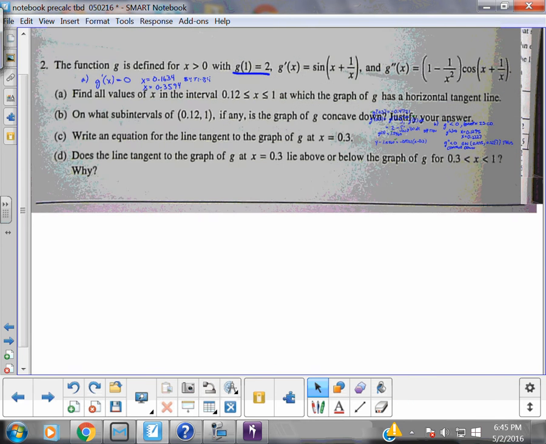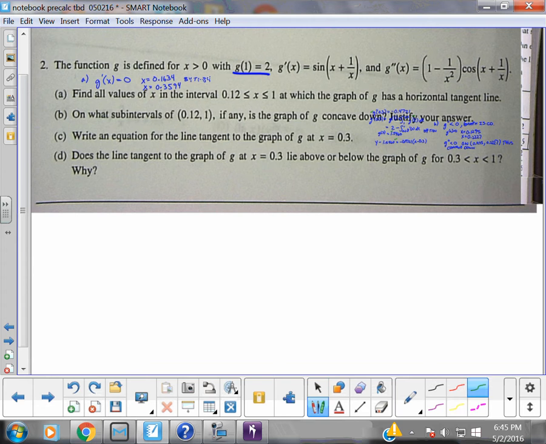Does the line tangent to the graph of G at 0.3 lie above or below the graph of G for 0.3 less than x less than 1? The real question here is, does the tangent line lie above or below? They're asking about the concavity. We need to know what G prime prime is on this interval.